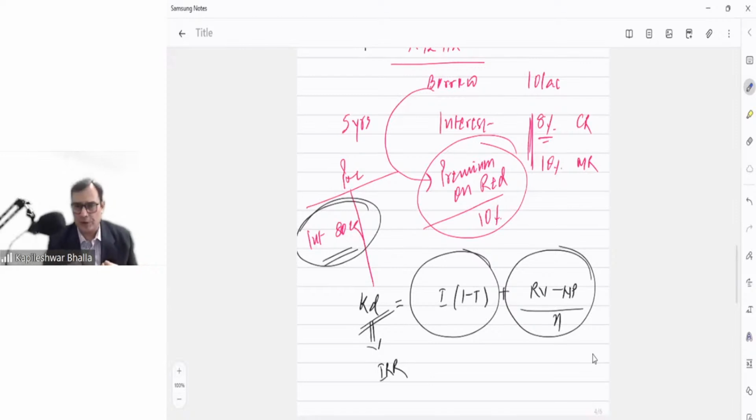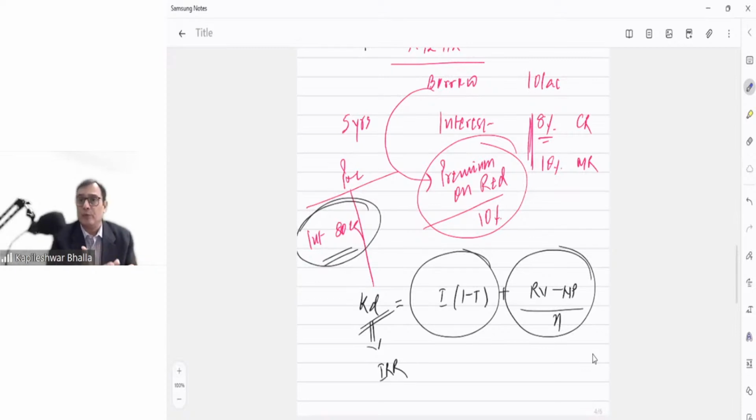Ask yourself a question. Do you think if I borrow money at market terms, I would be willing to pay any kind of premium on redemption? No. The idea of paying a premium on redemption is that I am compensating for the lower interest paid over the period of 5 years. I paid 8% interest compared to the market rate of 10%.